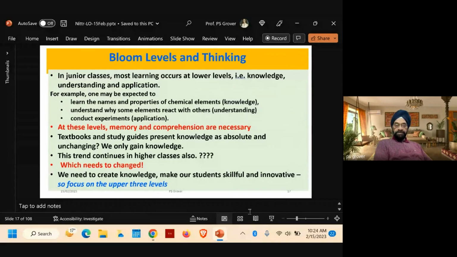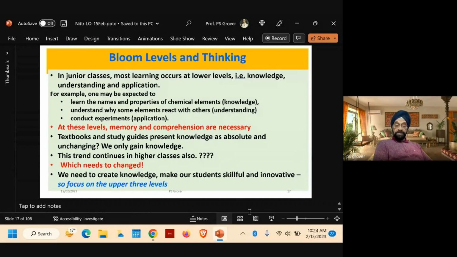But this trend should not continue in the higher classes. That is fine at the school level, that is fine at the first year level, but when we go to higher classes, this trend should be changed. We need to create knowledge, make our students skillful, innovative. So focus should be on the upper three levels.